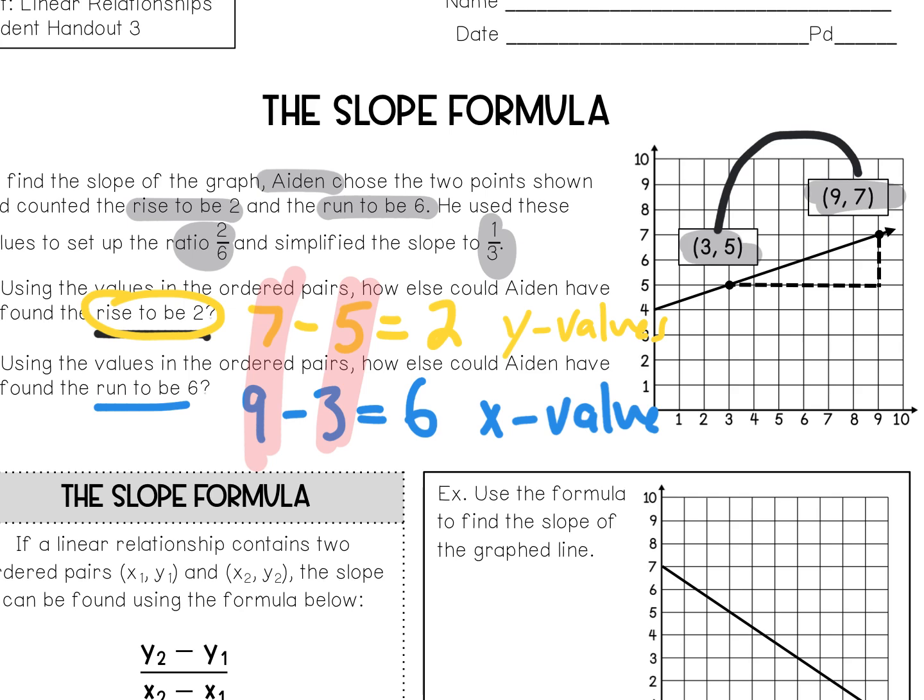Okay? So when we do these problems, whichever number is first here, its partner has to be first here. So whatever comes first in the y, that partner x value must come first as well.